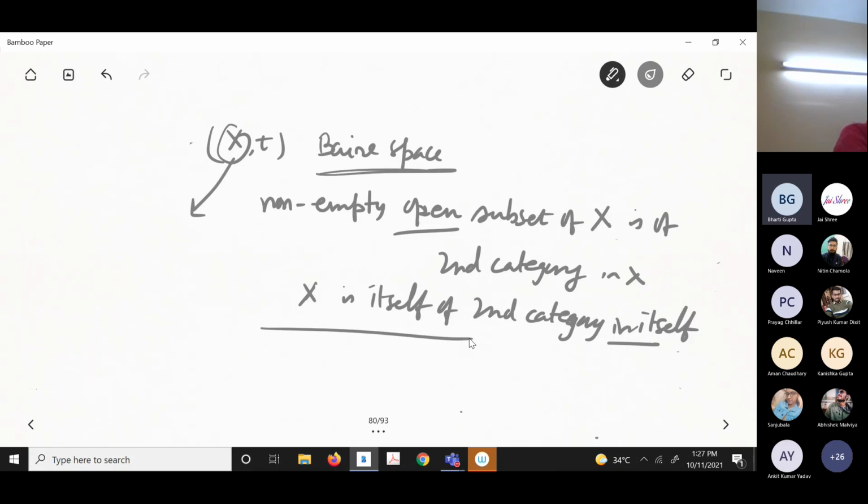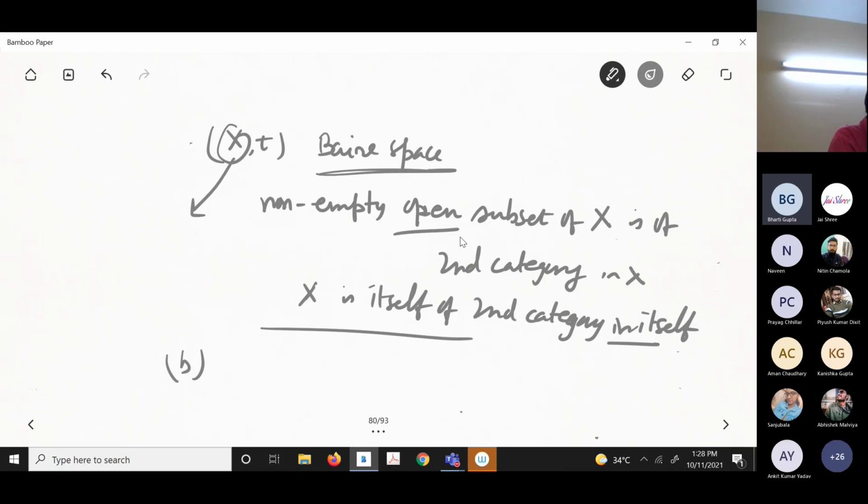But usually I made a comment. Some people prefer B, without going to open sets, because it says countable intersection of dense open sets, the intersection of any sequence. That means a countable intersection of dense open sets is again dense in X. Many people prefer to use this itself as the definition of a Baire space. But this theorem shows this thing and this thing are equivalent. Okay.